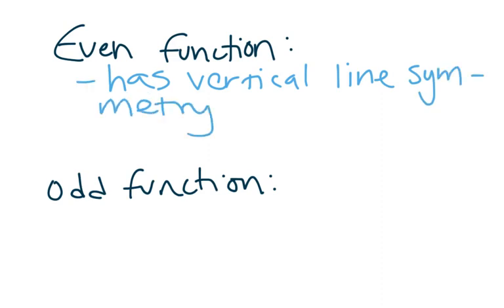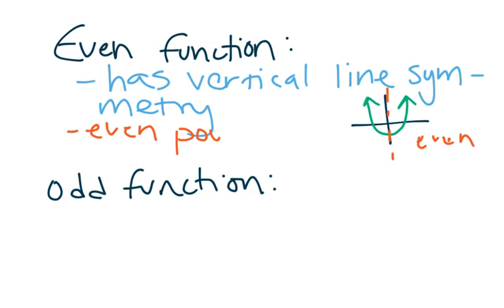So for instance, the most widely known one would be a parabola. So as we're looking at a quadratic or a parabola, it definitely has this vertical line symmetry, and so that one would be even. Another idea about even is if it has even powers, or the highest power is an even number, then you're going to be okay saying an even function. But again, you're just looking for something that has a line symmetry, a vertical line symmetry.